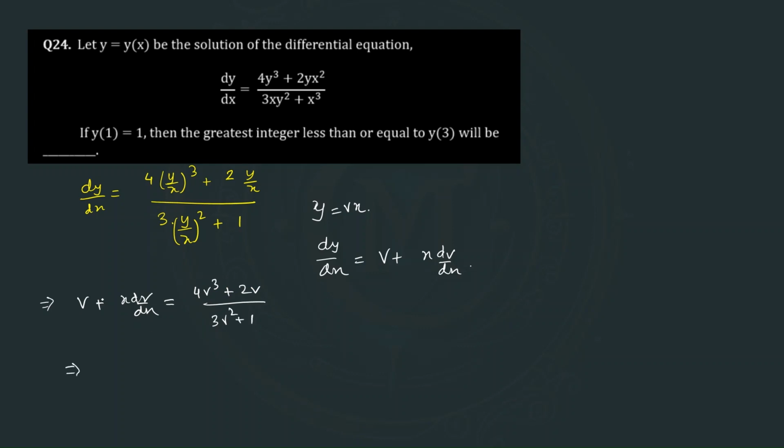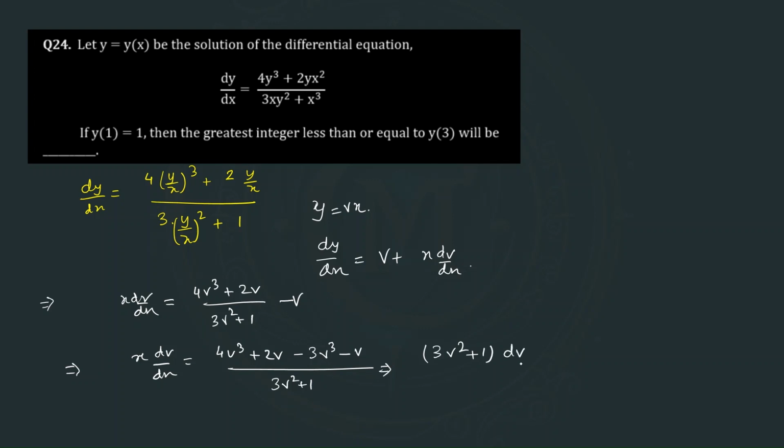So x dv/dx equal to (4v cube plus 2v minus 3v cube minus v) divided by (3v square plus 1). So we can arrange the terms as (3v square plus 1) times dv divided by this, equal to dx by x, and this equals v cube plus v.